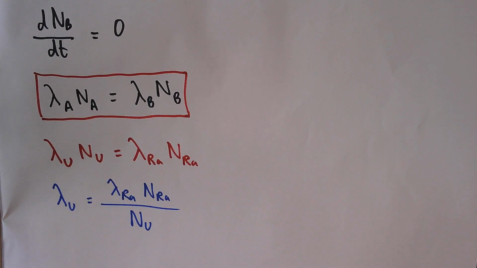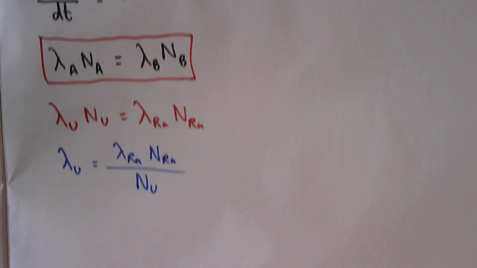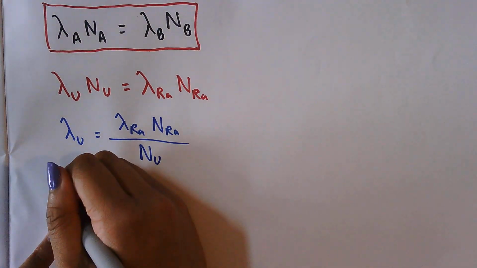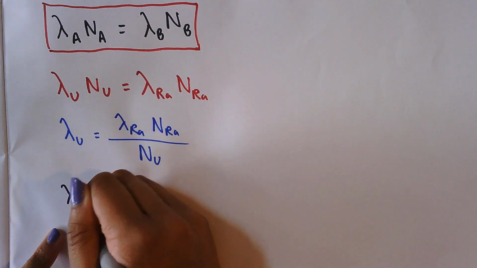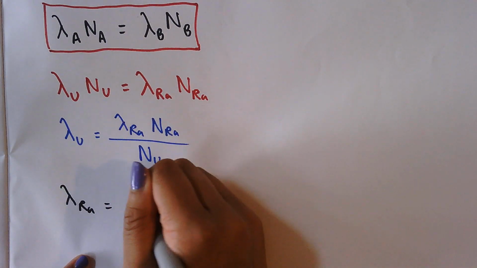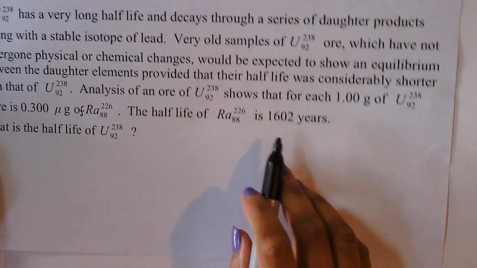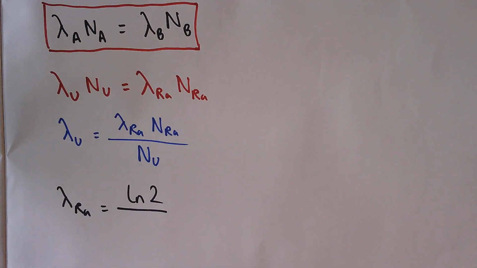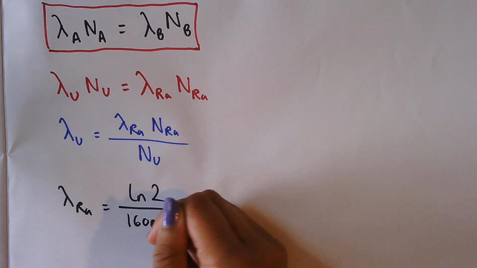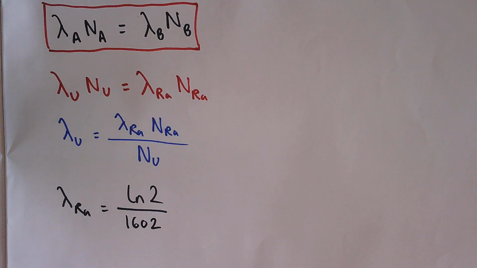So we can see that lambda Ra is equal to ln2 over 1,602.